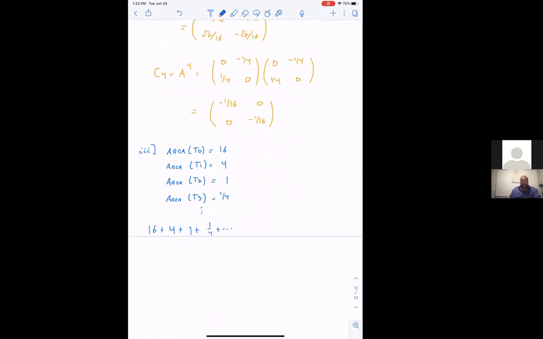So if you've covered geometric series, then I can write this as 16 plus 1/4 of 16 plus 1/4 squared of 16 plus 1/4 cubed of 16, and so on.